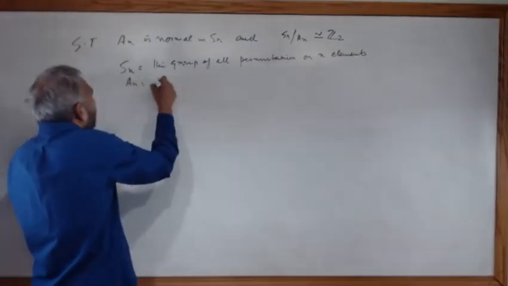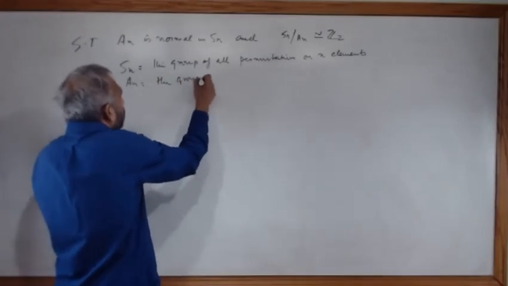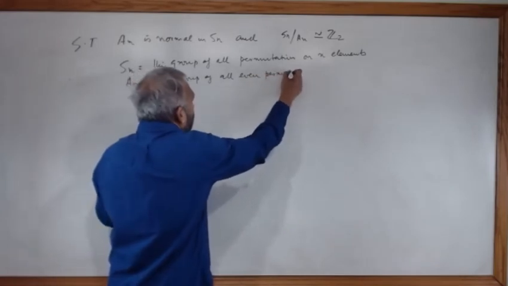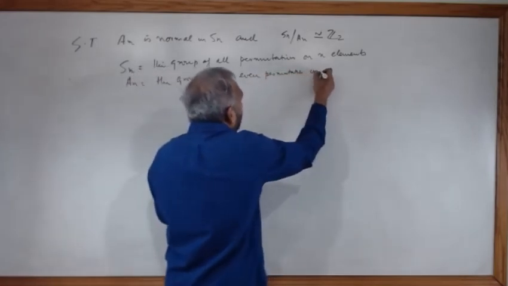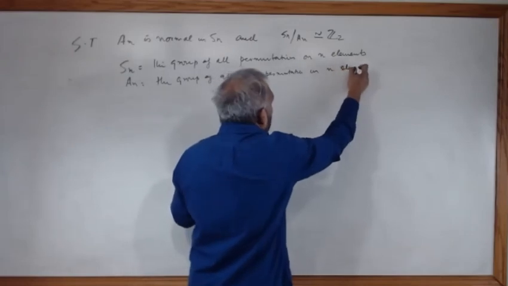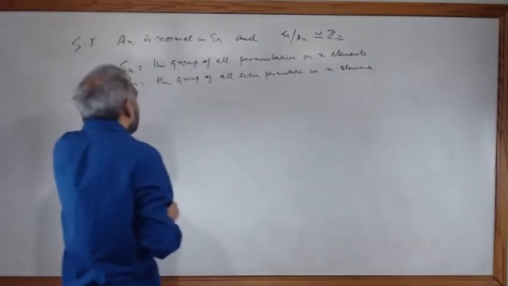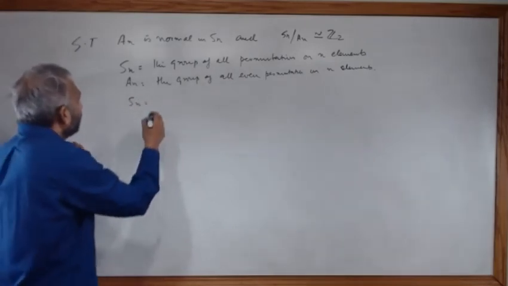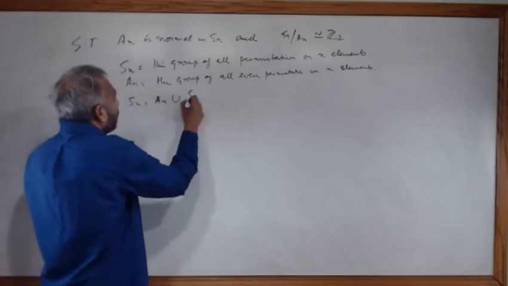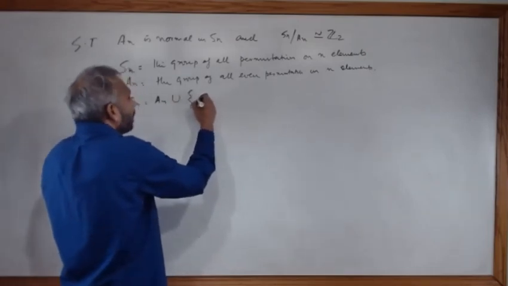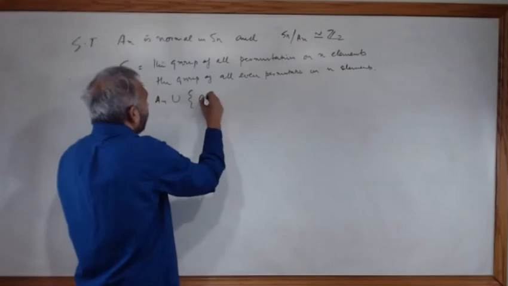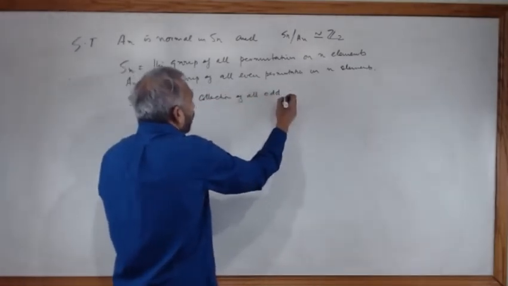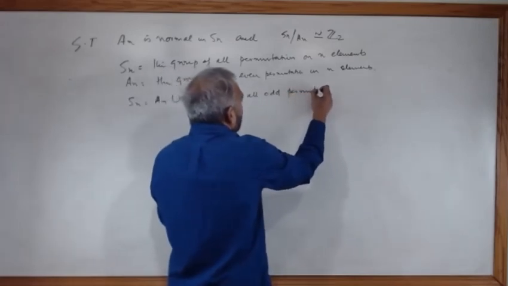An is the group of all even permutations on n elements. Sn is equal to An union the collection of all odd permutations.